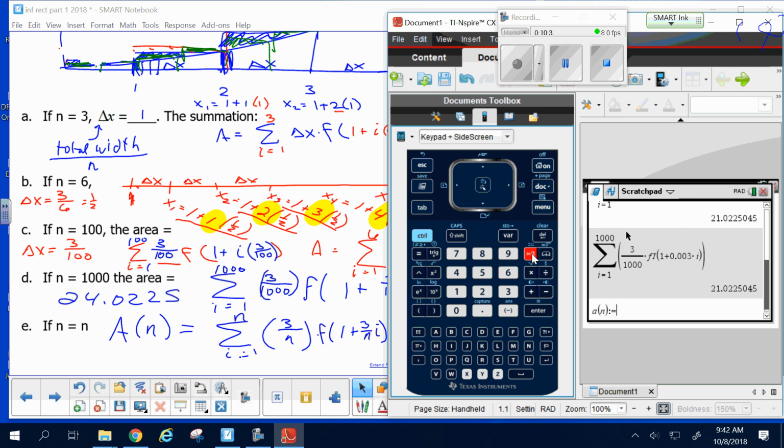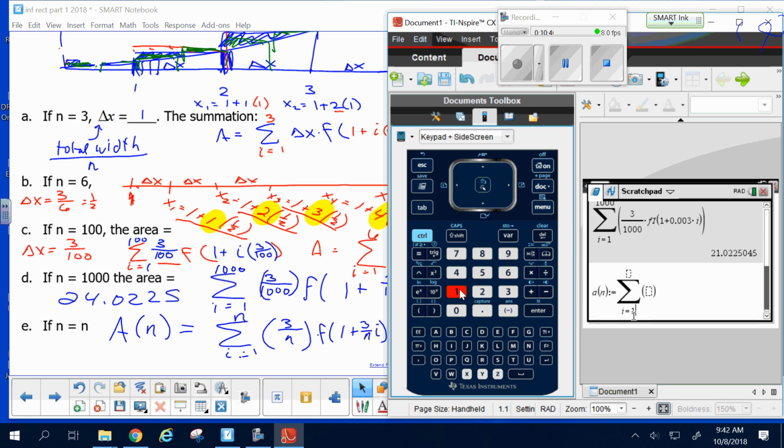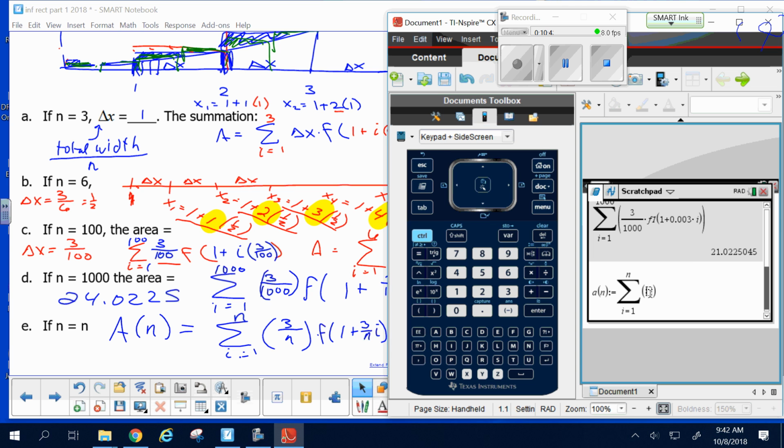So, summation from i equal 1 to n of parentheses 3 divided by n, new parentheses, f, the function we defined, at 1 plus 3 divided by n times i.